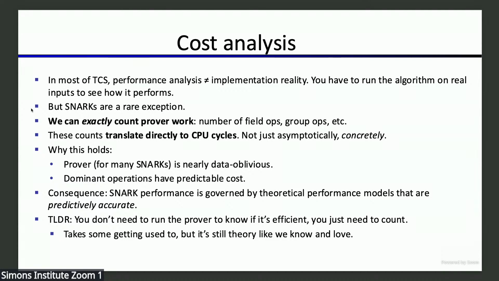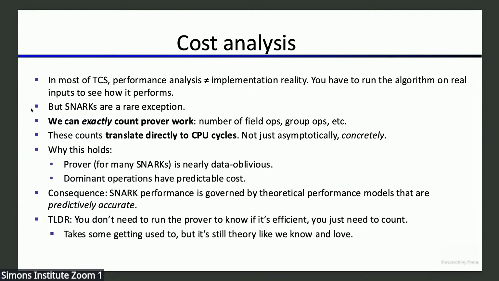Typically, if you implement a practical algorithm, it can have wildly different behaviors on different classes of inputs. I think in SNARKs, at least for some SNARKs, which I hope are the right ones, the prover work is nearly data oblivious, not completely, but mostly. And the dominant operations all have a predictable cost, right?